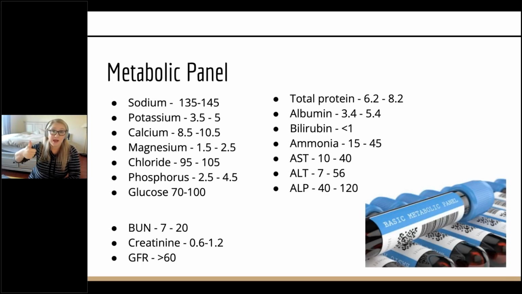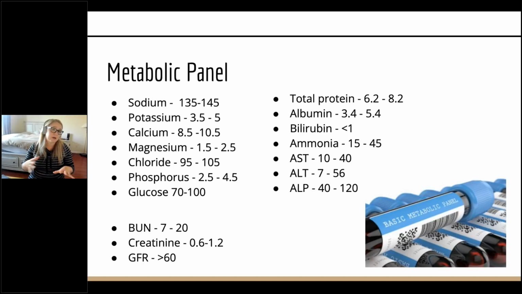That means that our BUN will go up, our creatinine will go up, our electrolytes are going to be all sorts of imbalanced. We're going to have fluid imbalance issues because our kidneys aren't filtering. So we want our GFR to be greater than 60. And again, you do see some variations with age here.